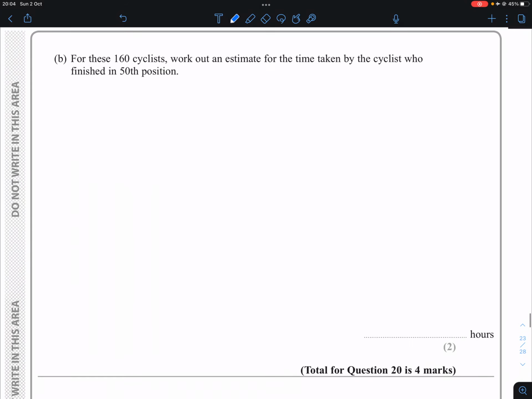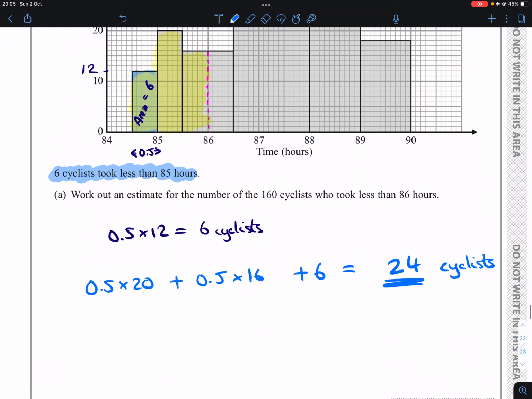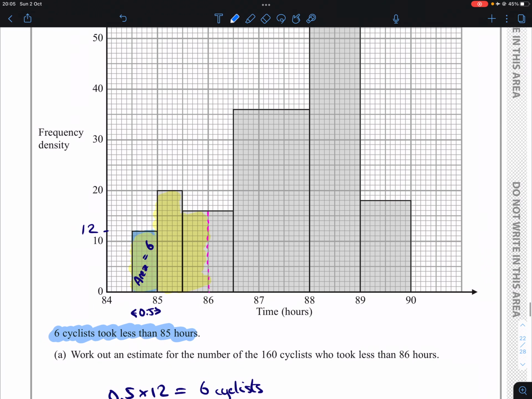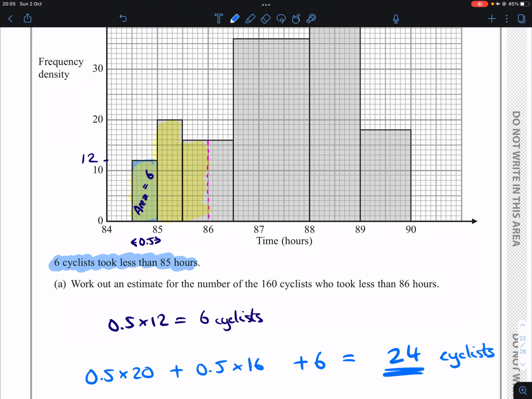Part B. For these 160 cyclists, work out an estimate for the time taken by the cyclist who finished in the 50th position. So for the 50th position, we need to look at the number of cyclists in each of these bars up until a point where we can have a total of 50 cyclists in this area.